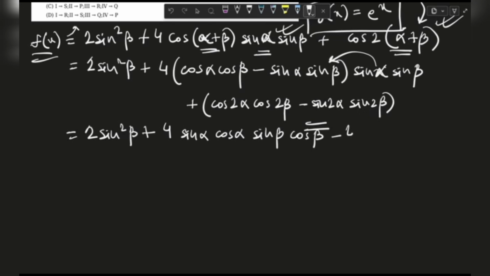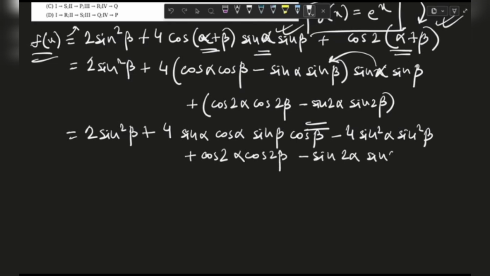This thing is your minus 4 times sine squared alpha sine squared beta plus cosine 2 alpha cosine 2 beta minus sine 2 alpha sine 2 beta. So if you split this 4 as 2 into 2, one 2 you feed in sine alpha cos alpha and the other 2 you feed into sine beta cos beta. So this becomes sine 2 alpha sine 2 beta. And this is also the same thing in minus, so this and this get cancelled.